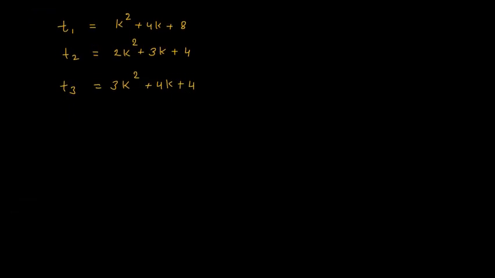Now as T1, T2, T3 are in AP, therefore we can say that T2 minus T1 is equal to T3 minus T2. Difference between consecutive terms is going to be the same.